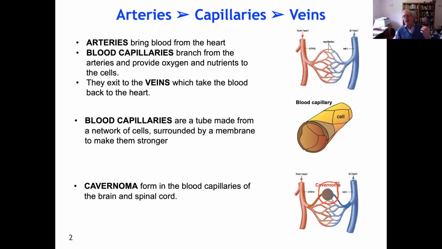This can't be inherited by your children. So you have a sporadic Cavernoma because you started off life with just normal genes, and then you just happen to get two hits in this blood capillary cell.